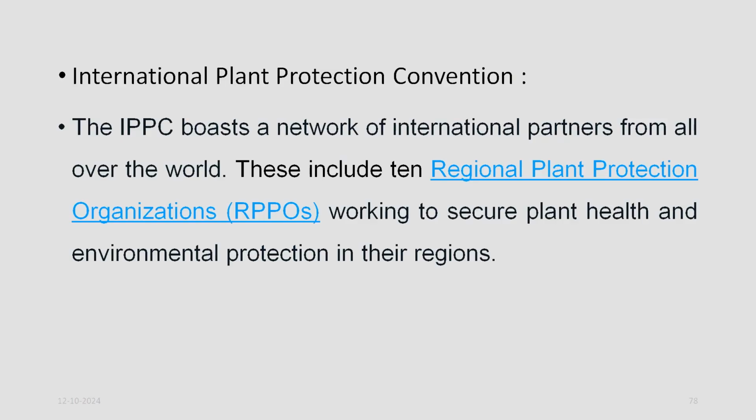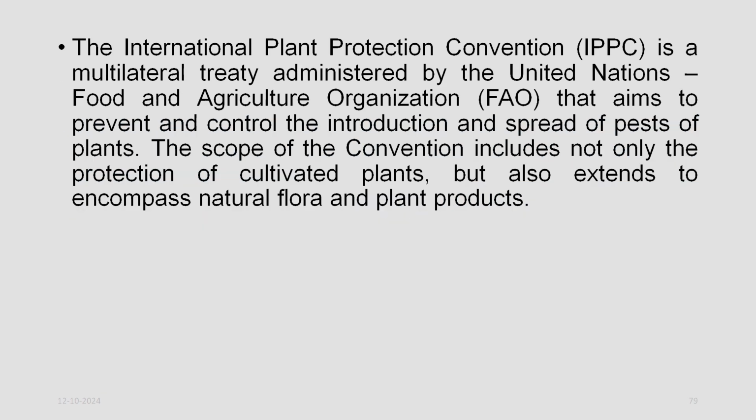The International Plant Protection Convention (IPPC) boasts a network of international partners from all over the world. These include 10 regional plant protection organizations. So firstly there is the International Plant Protection Convention, and under it there are regional plant protection organizations working to see how far care is being taken of the plants that humans are consuming, working to secure plant health and environment protection in their regions.